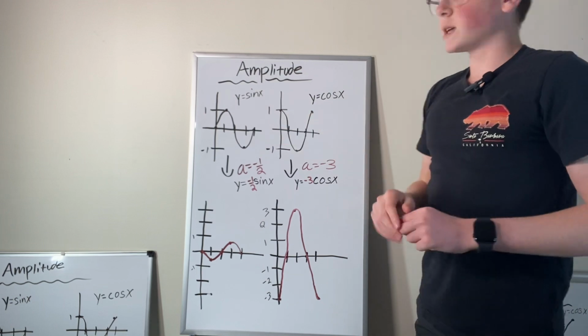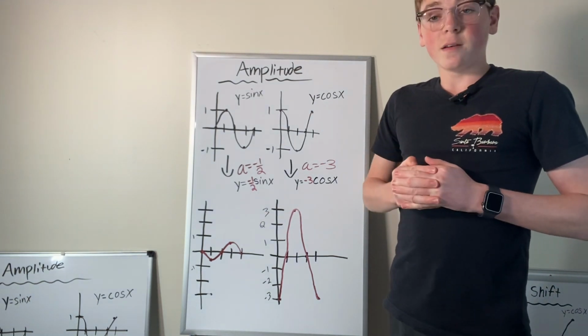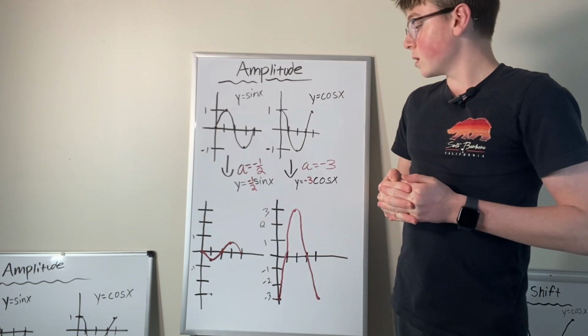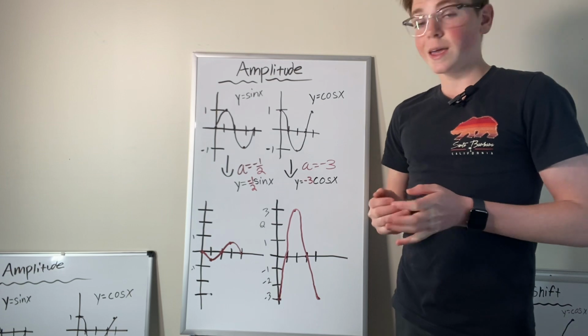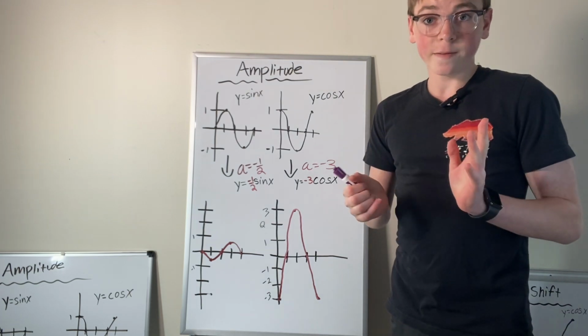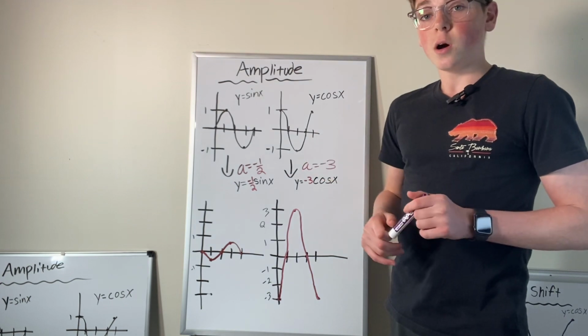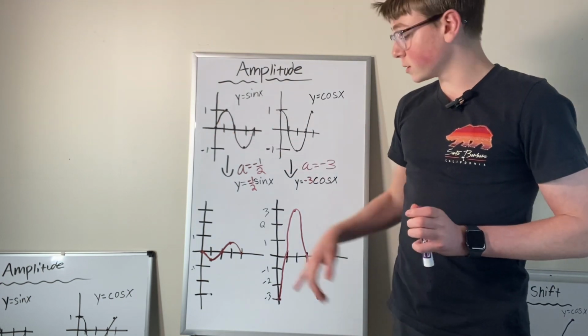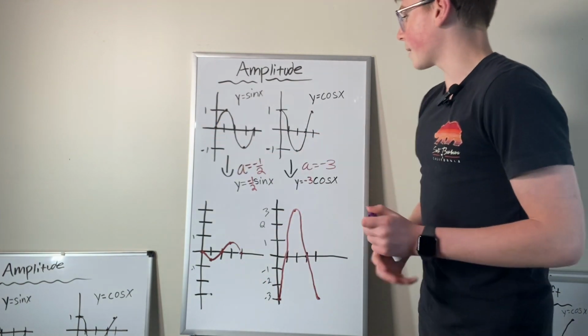So we have y equals sine x, y equals cosine x again. Then if we say a is -1/2 on y equals sine x, then we have y equals -1/2 sine x. So again, it only deviates 1/2 from the midline of y equals 0, but now all the y values are flipped. So instead of going up first, it goes down, and then it goes up, instead of going up and then down.